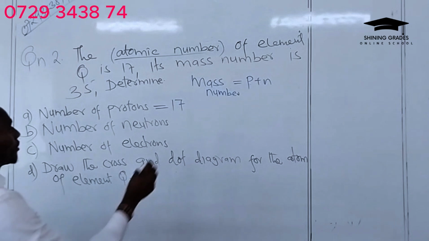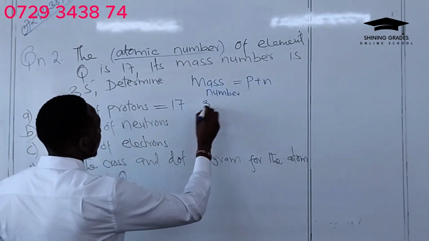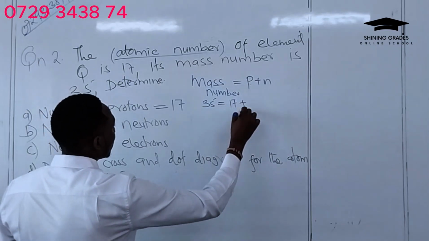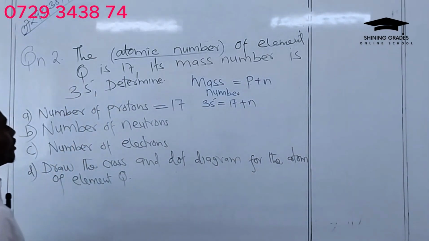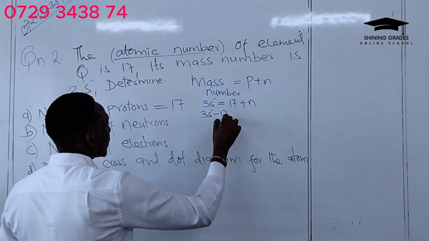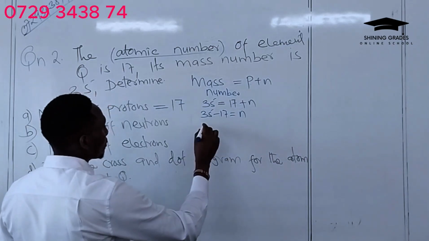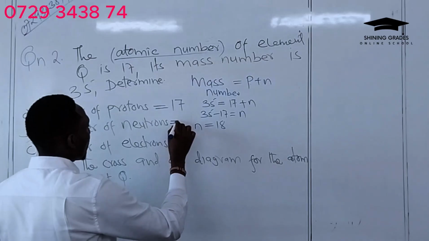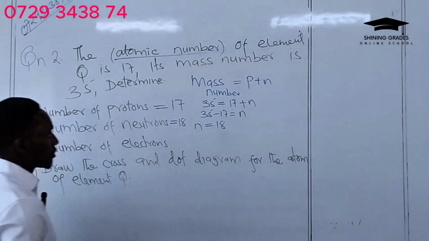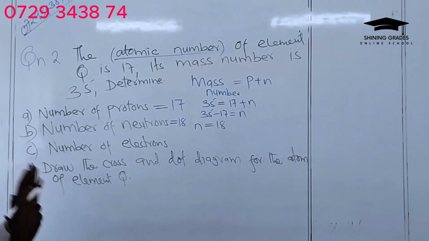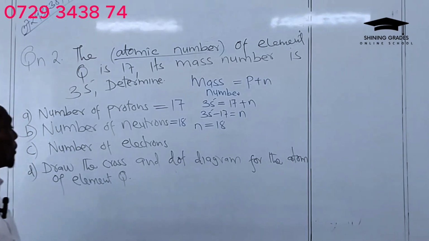So mathematically we have 35 minus 17, and our neutrons will be equal to 18. So we have 18 neutrons. The number of neutrons we can only determine by subtracting atomic number from the mass number.